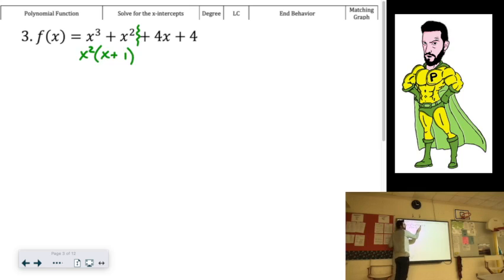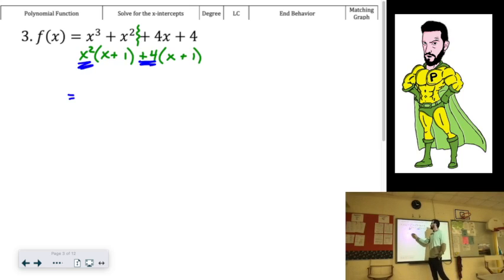On the right side, 4x and 4 have a 4 in common. 4 times x is 4x, 4 times 1 is 4. Hey, they both have x plus 1 in the parenthesis. So that would go into part of our factoring. So outside we factored out x² plus 4. Over here we have the x plus 1 in common, so that would go in the other set of parentheses.